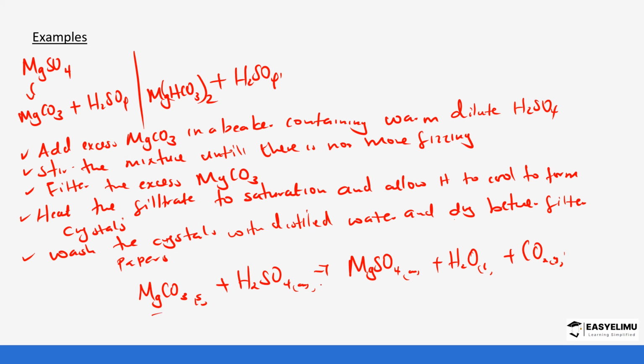We have one magnesium, one carbon, one sulfur, and 7 oxygens on each side. So that is an example of how we prepare magnesium sulfate in the laboratory. You notice the processes are the same, with no real difference from the previous lesson.